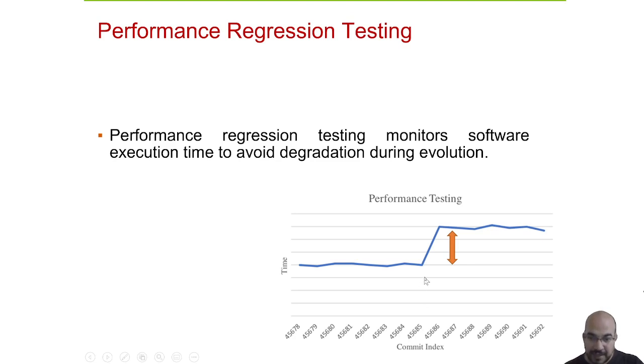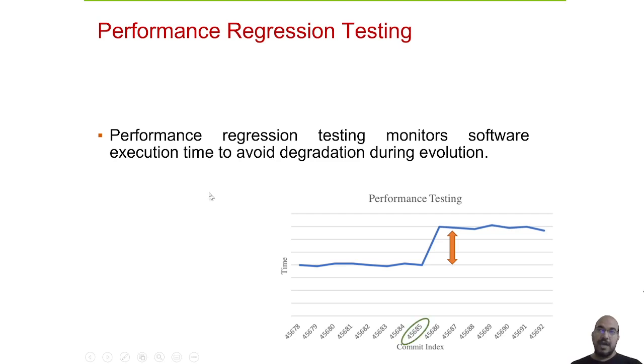After submitting the previous commit, 45685, we experienced a slowdown in the system. While speedups may not be bad news for developers, slowdowns definitely are, because they drastically hinder the user's experience. Therefore, capturing them becomes really important for software testers.